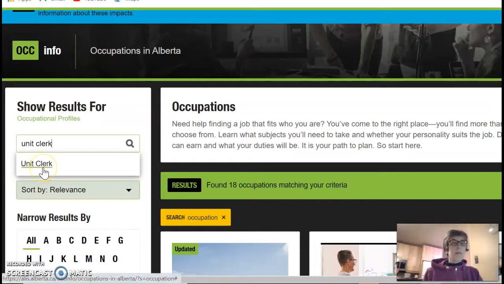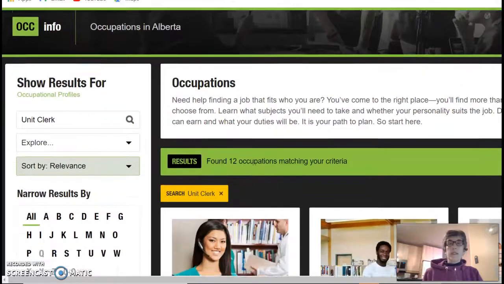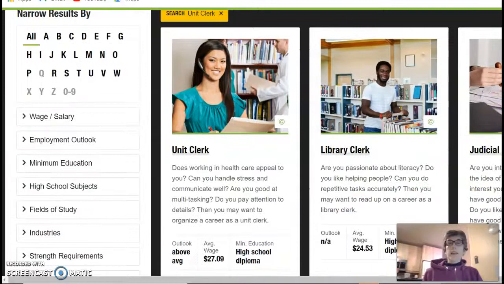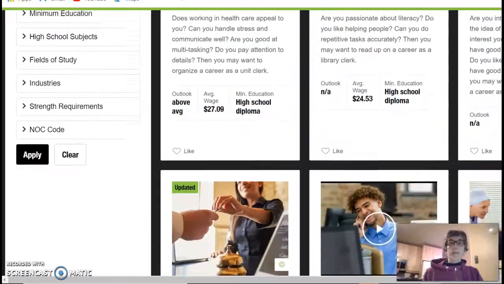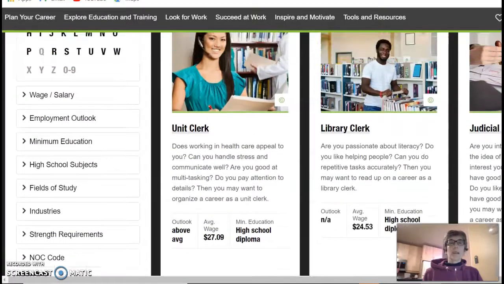Now it comes up right there, and I press the search button and I can scroll down, and it's going to give me the unit clerk job right there, as well as other jobs that might be kind of related to it. Okay, things you didn't consider.